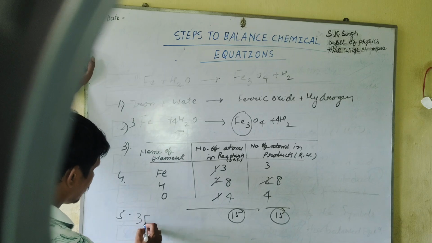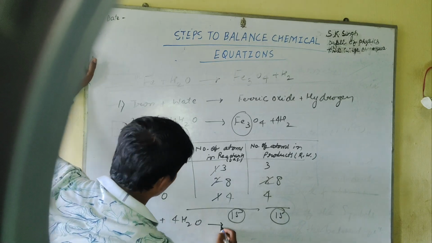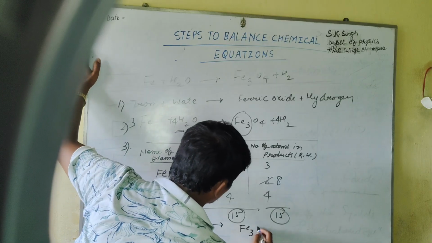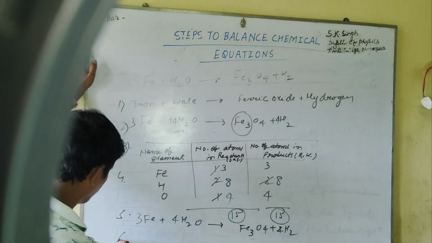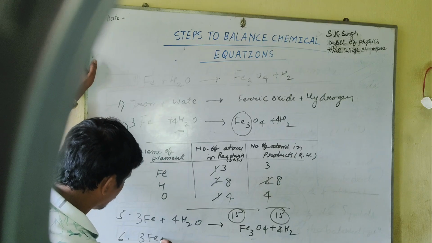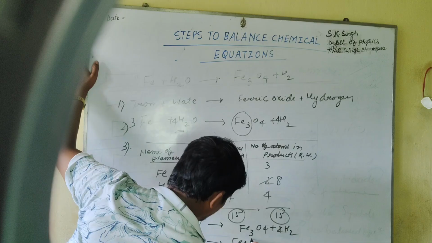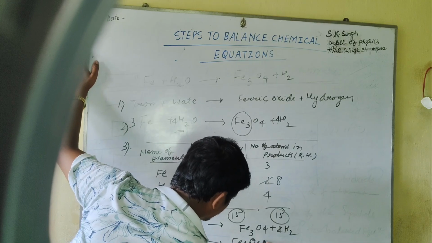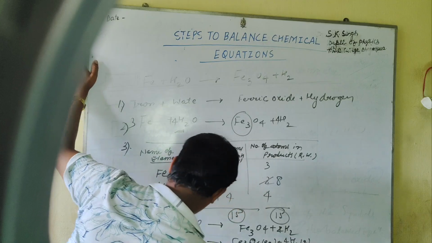Now write down 3Fe plus 4H2O, then you write Fe3O4 plus 4H2. Now the sixth step: 3Fe plus 4H2O gives Fe3O4 plus 4H2.